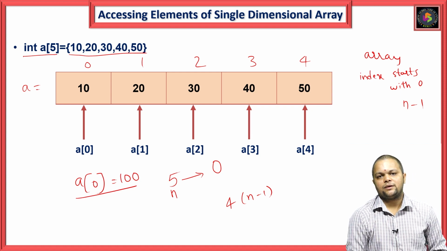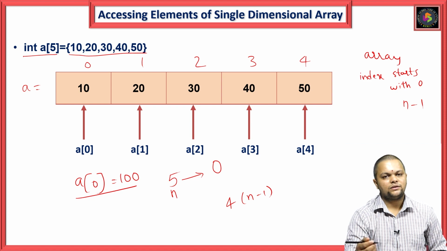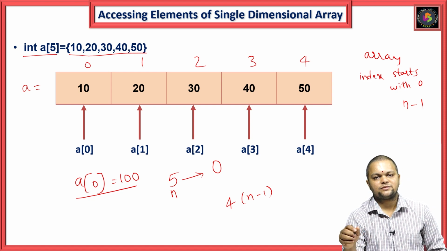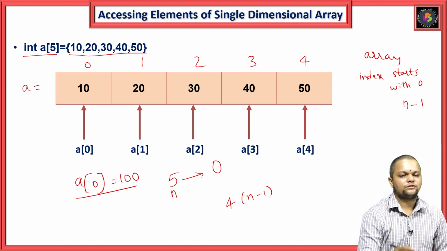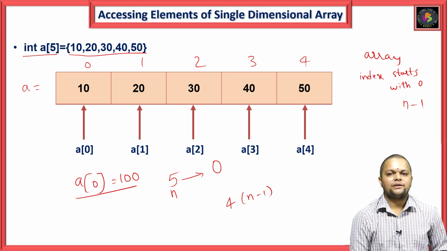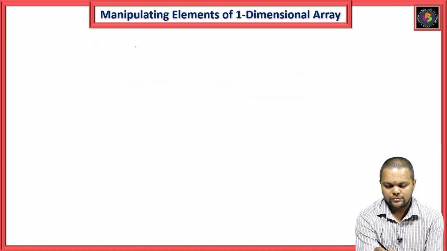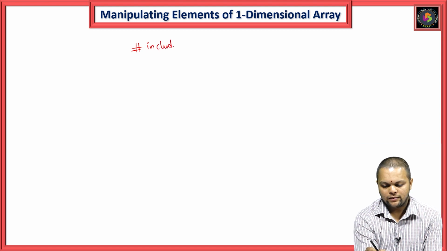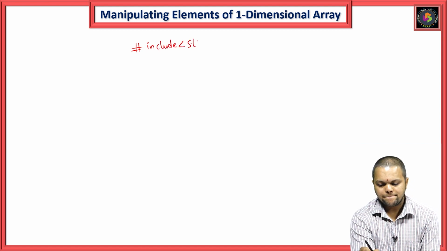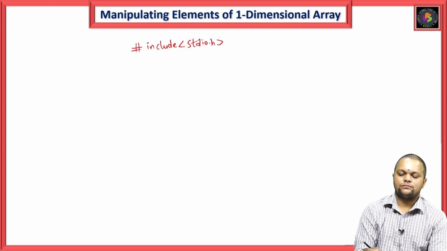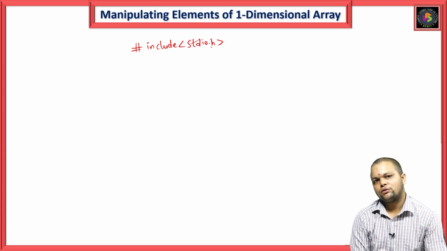Let me show you an example program so that you can understand how you can take the values into an array and how you can print those values. I'm giving #include <stdio.h>.